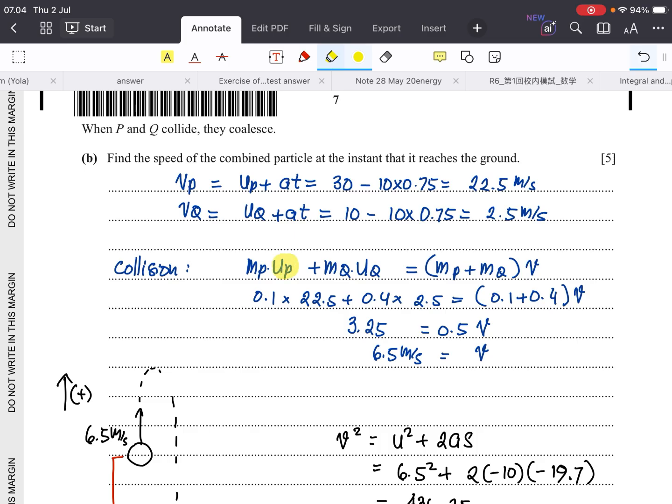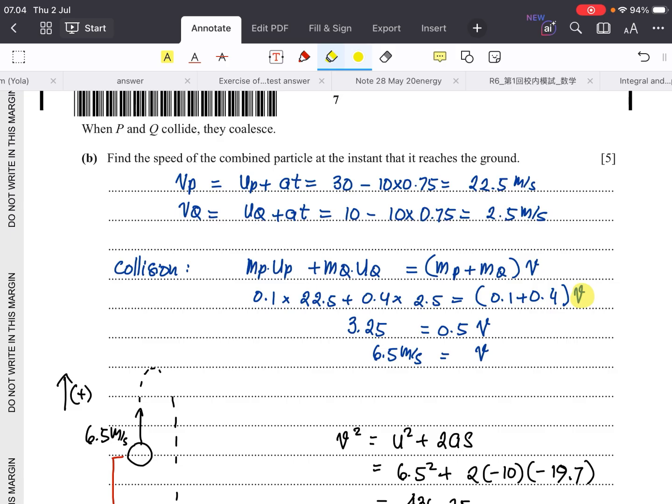UP is the speed of P before collision. So we are using VP here, 22.5 meters per second is the speed of P before collision, and then 2.5 meters per second is the speed of Q before collision also.